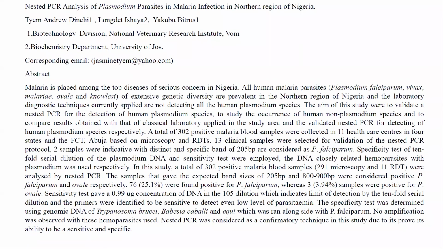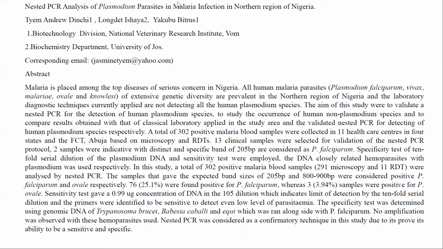But our concern is that the current laboratory diagnostic techniques, which are RDT and microscopy, do not detect all these Plasmodium species due to some human factors and some errors.